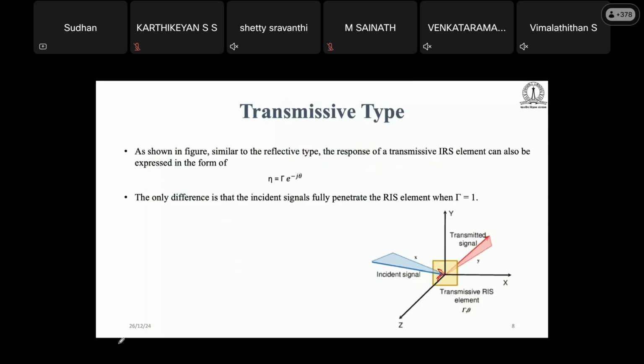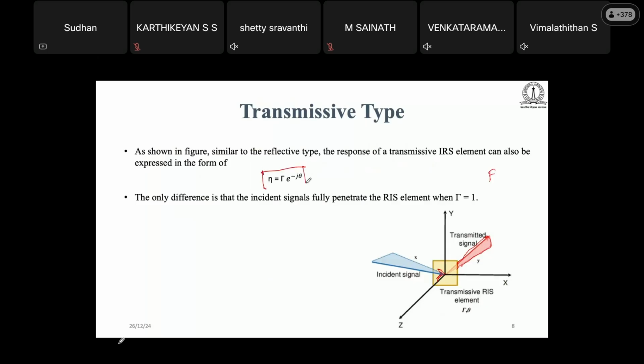You can see that it is the other side of the IRS element. So it is transmissive through the element, and in this case also the response will be the same as the previous case.